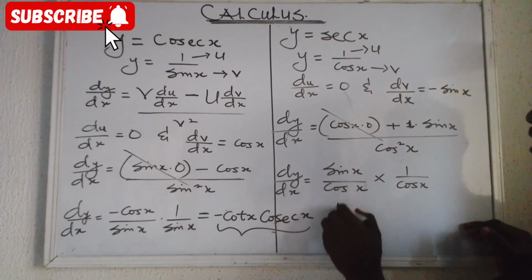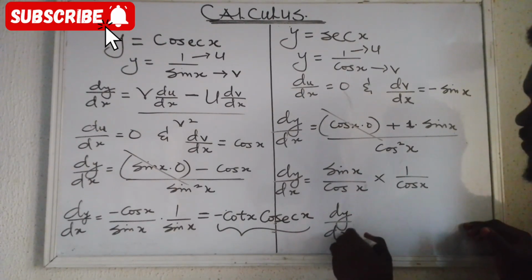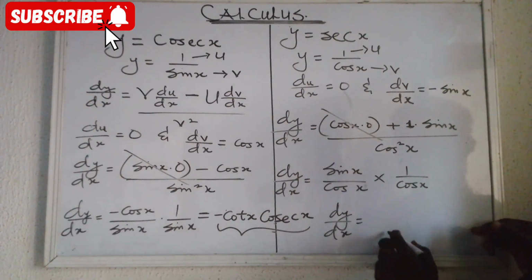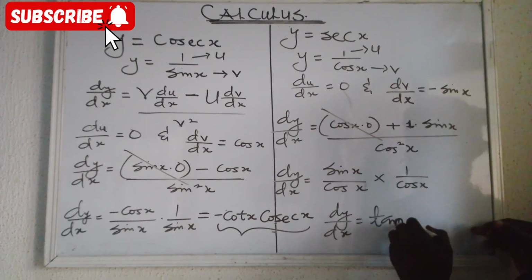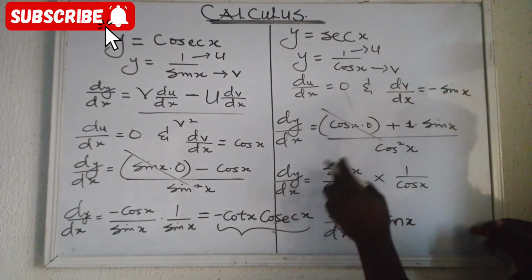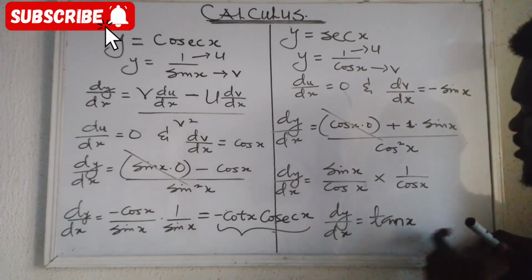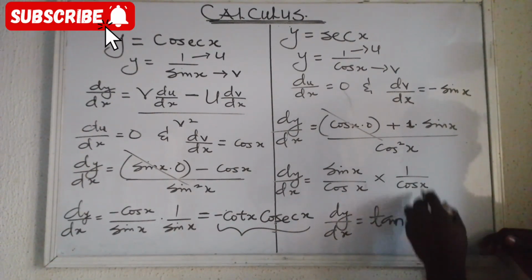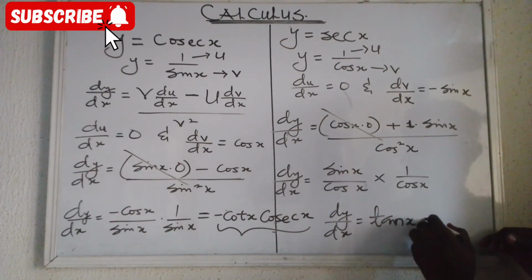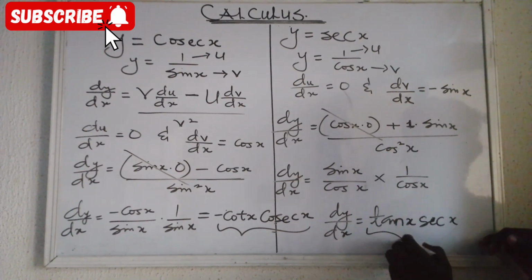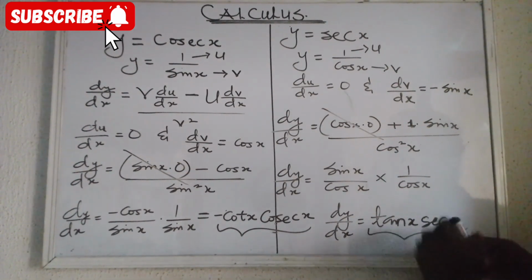So dy/dx, the derivative of sec x, is going to become tan x, because if you divide sine x by cos x, you get tan x. Then 1 divided by cosine x is sec x. So tan x sec x is the derivative of sec x.